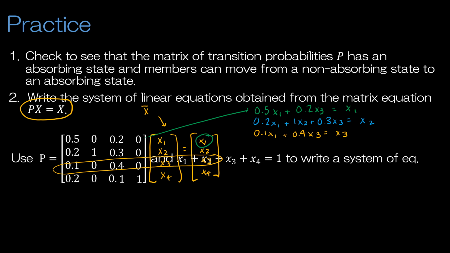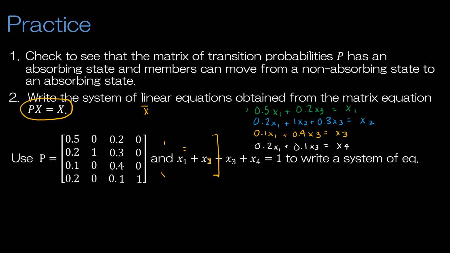And then we have the final one, 0.2x1 plus 0.1x3 is equal to x4. And then we have that final equation that says x1 plus x2 plus x3 plus x4 is equal to 1.